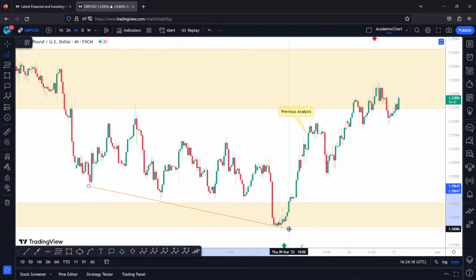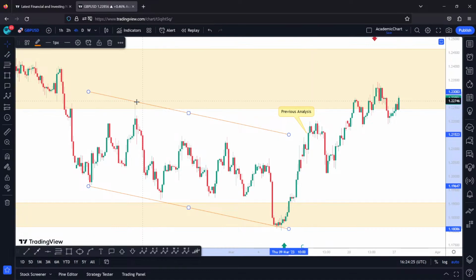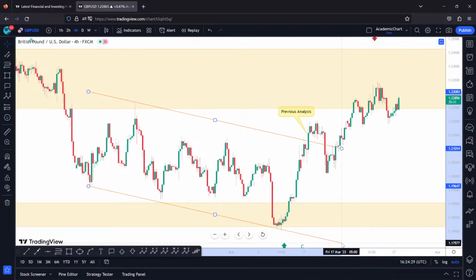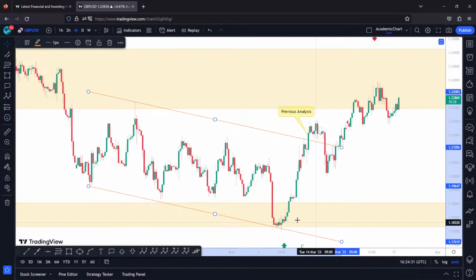I actually decided to use this major higher high here, and then extend it to see what the possible continuation is.